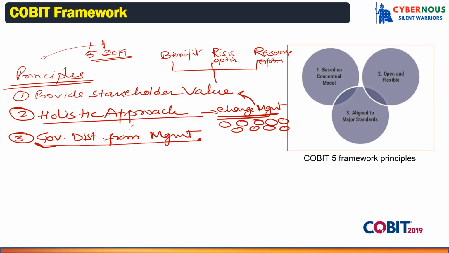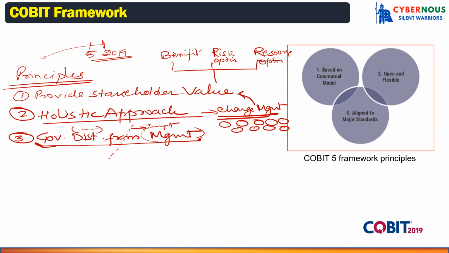There has to be a thin line between them, because management is all about taking direction from the governance and then implementing it. If the same person who is in this part is also in this part, that means your governance may not be taken care of that well. So there have to be separate roles and responsibilities defined, what we do in governance and what we do in management.